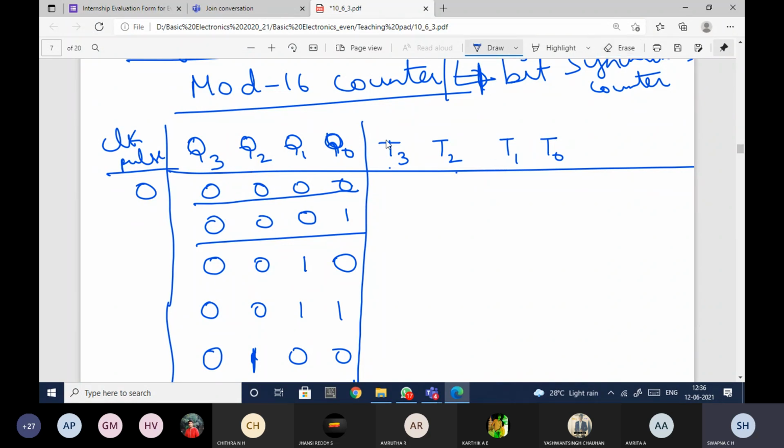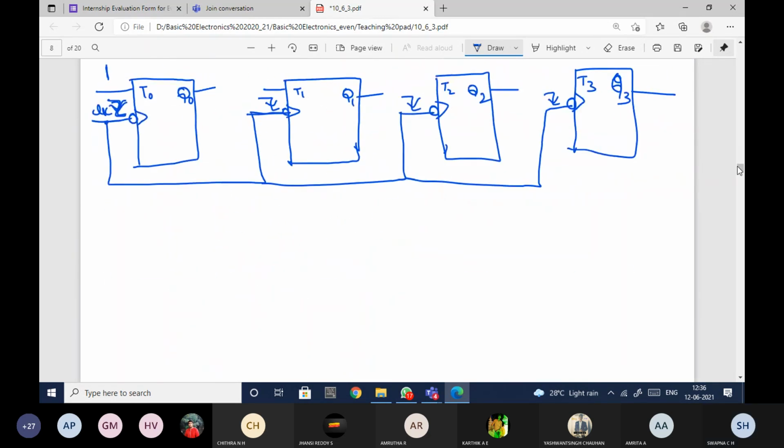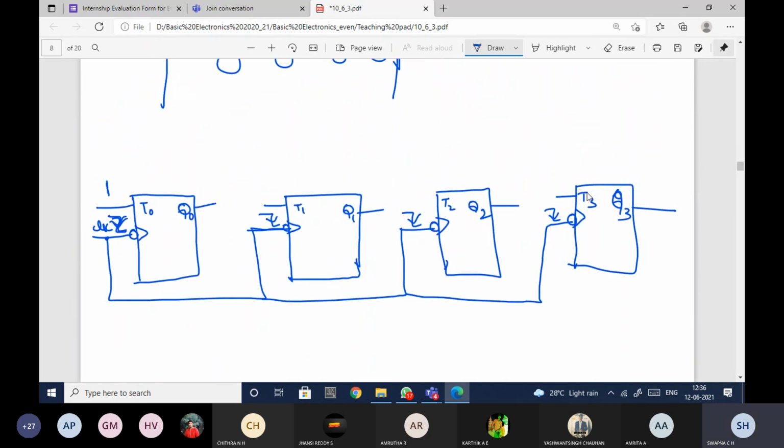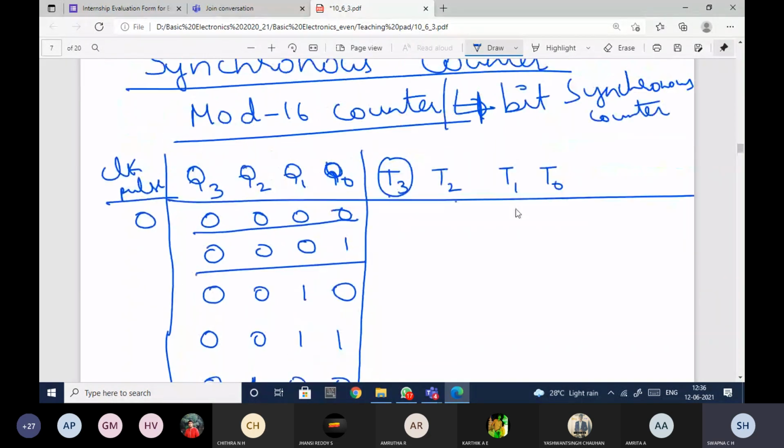T3 is nothing but the input to the last flip-flop. I'm asking whether it is toggling or not. Toggling means, is it changing its state? No, ma'am.